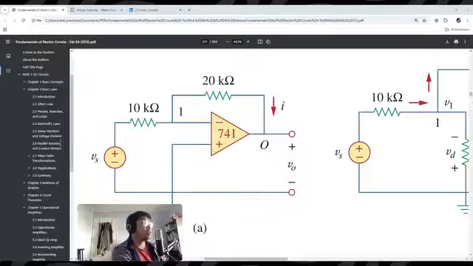You can see it's a sine wave at 1,000 hertz, swinging from 10 millivolts to negative 10 millivolts, and it goes on and on.